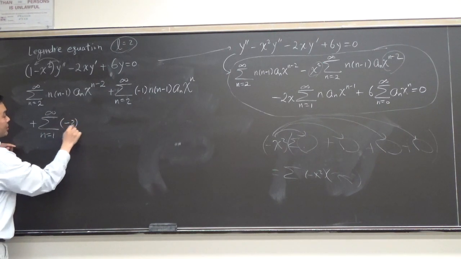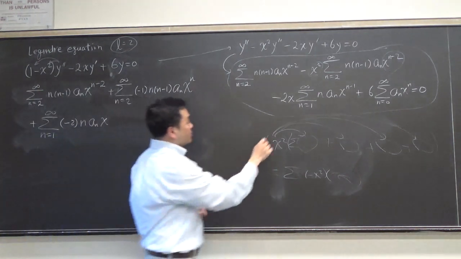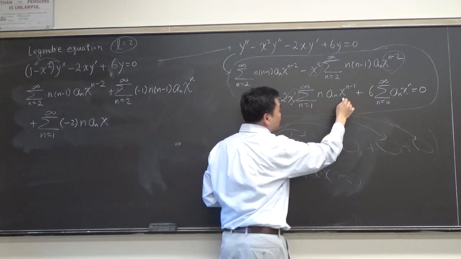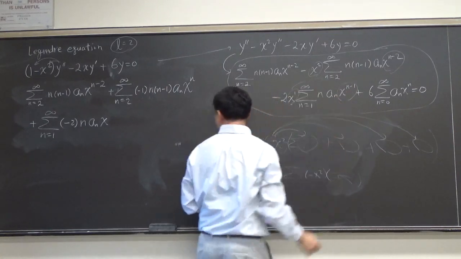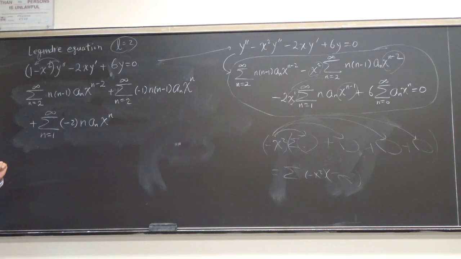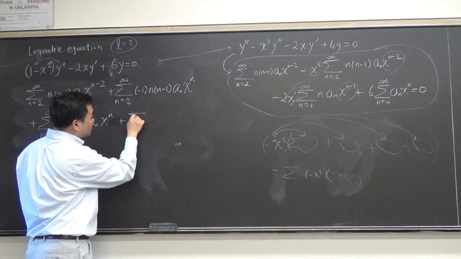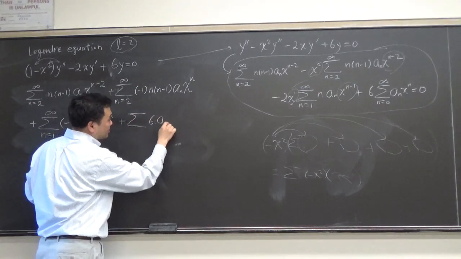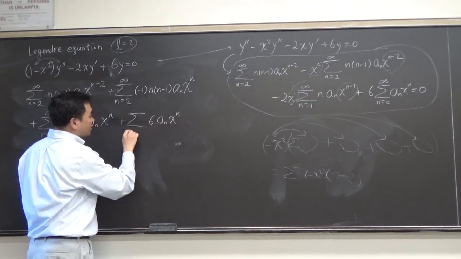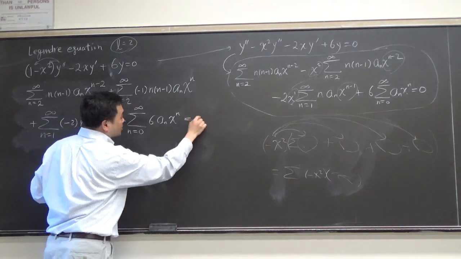Negative 2 is multiplied inside, you have n a_n, and this time this is x to the first power. When you multiply to this, what do you get? X to the nth power. Is that okay? Right. And then plus 6 can be moved inside. You have 6 a_n x to the n. n starts from 0 to infinity.